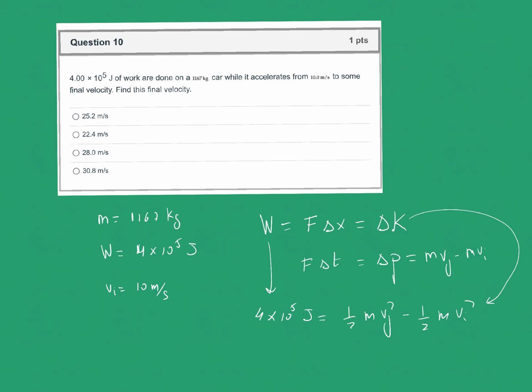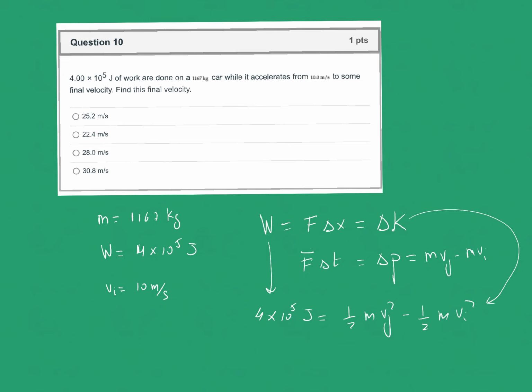When you think of work, you think of displacement. When you think of Newton, you think of time. The force acting over time makes a change in the momentum, makes a change in the magnitude of the velocity. m v_f minus m v_i makes a change in the magnitude of the momentum.